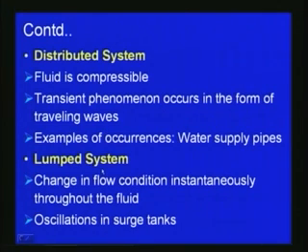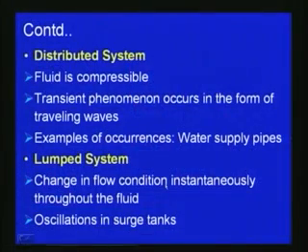As far as a lumped system is considered, there is a change in flow condition instantaneously throughout the fluid. So, there is a sudden change in the mass of fluid. An example is oscillations in surge tanks. Now, with respect to these fundamentals, we will derive the fundamental governing equations for hydraulic transients.